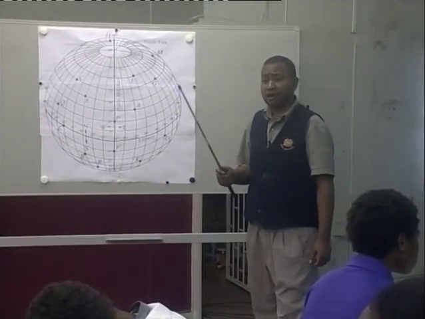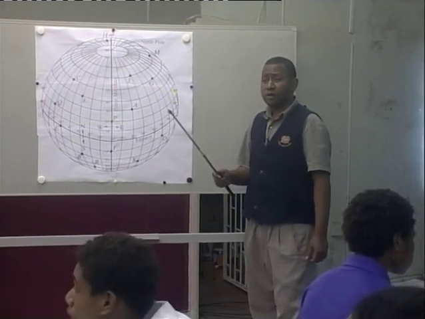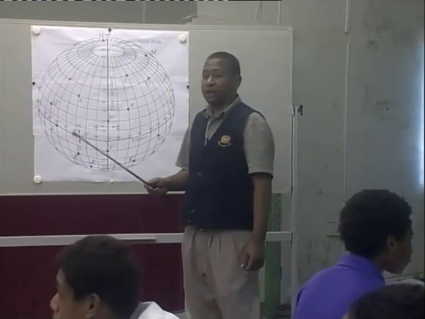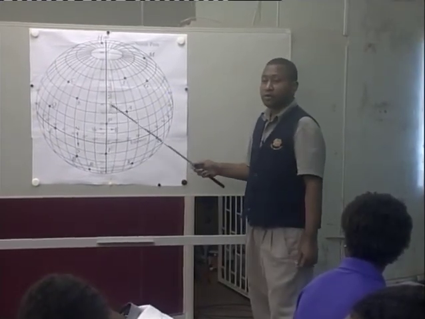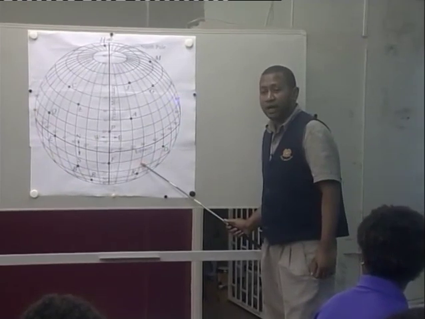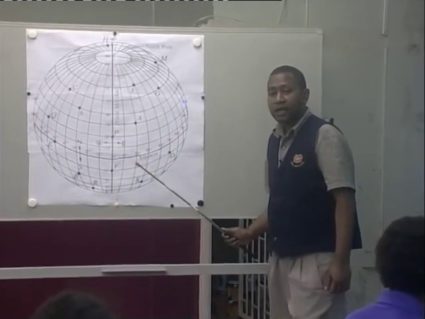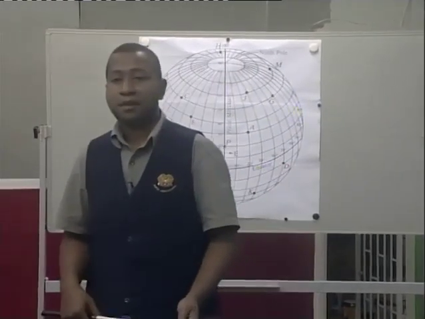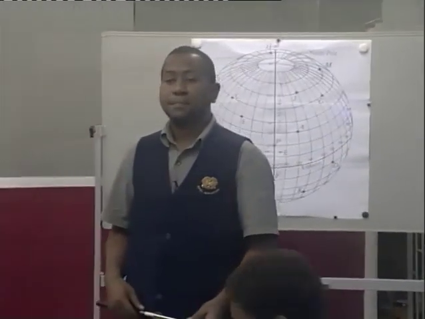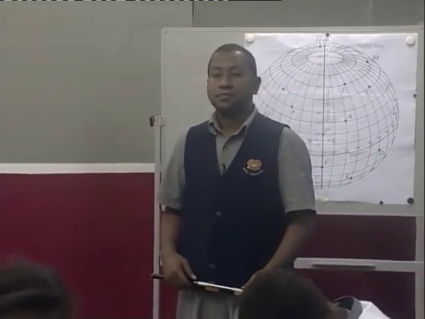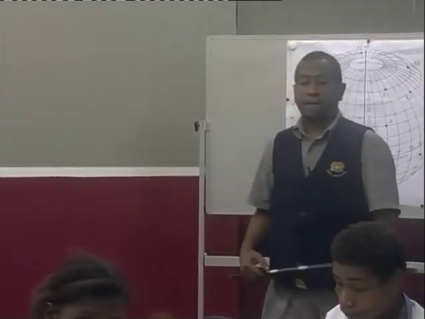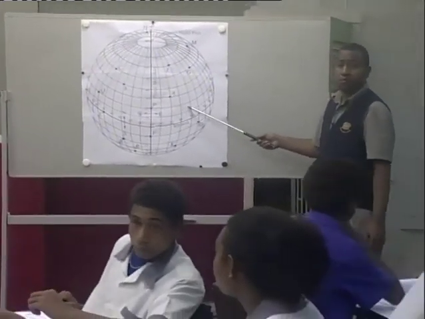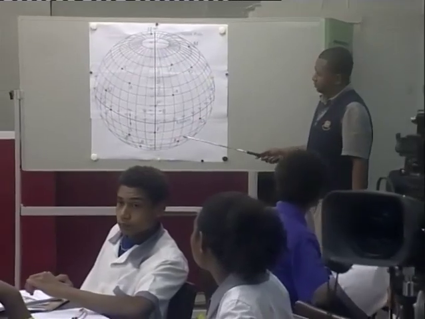Think. We said latitude lines tell or help you to tell the position of a place north or south of the equator. Okay, Peter's group. 20 degrees north.